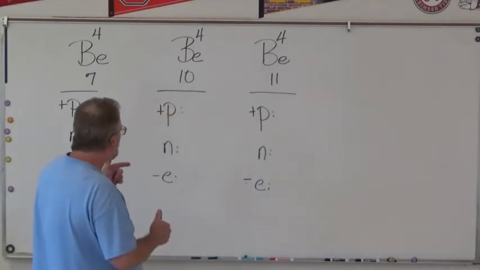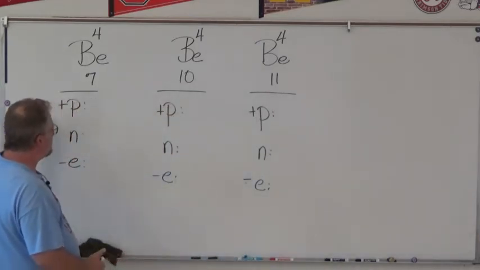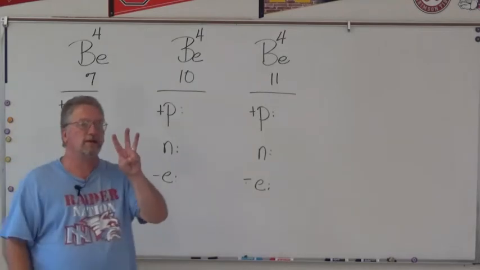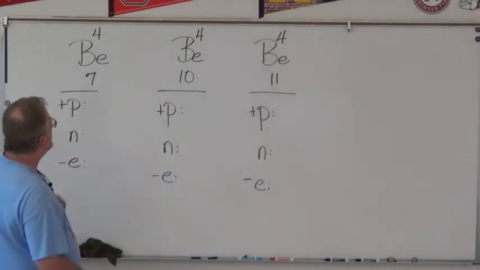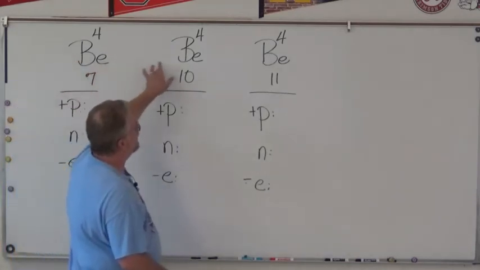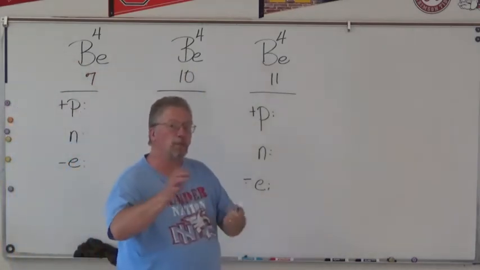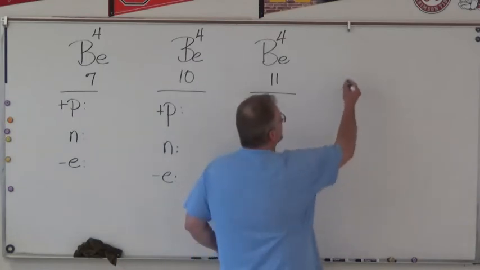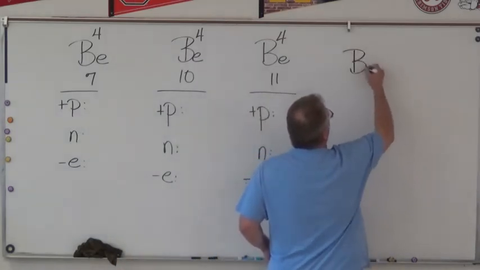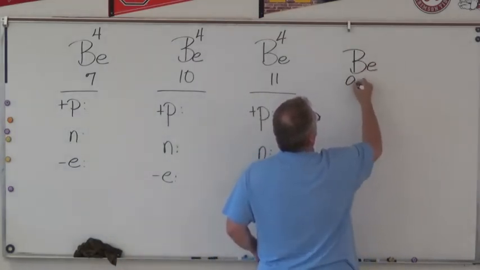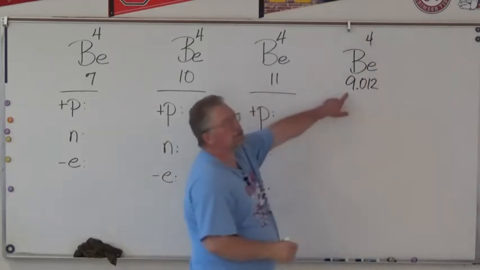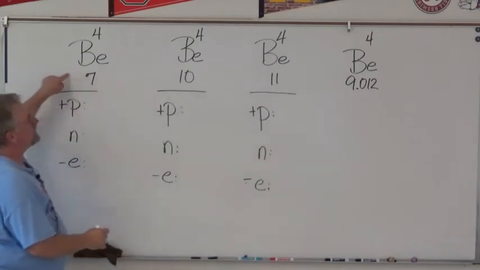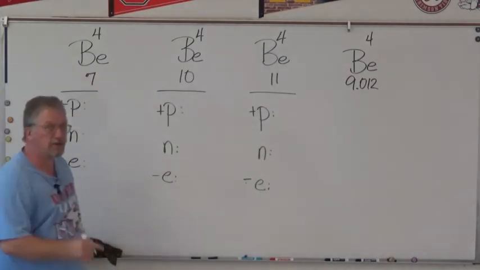So what we're going to do is our P and E, but for 3 different kinds of beryllium. There's this one, this one, and this one. Now, the beryllium on your periodic table says 9.012, and there's a 4 up here. So you can see it looks a lot like these 3 that I gave you, but there's a big difference.